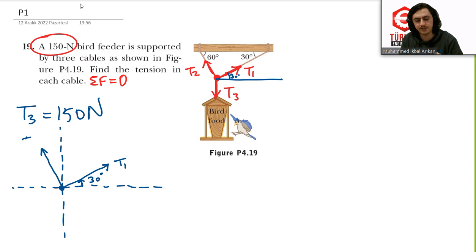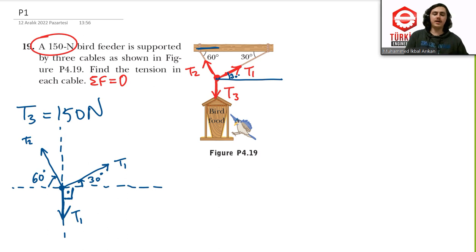This is tension 1 and tension 2 here, and tension 3 is down, which is negative 90. Between the horizontal and this one you have 60 degrees, so this angle must be equal to 60.